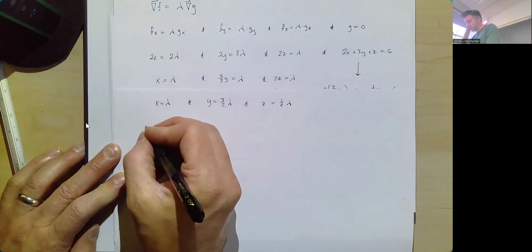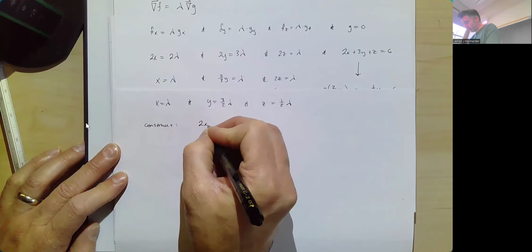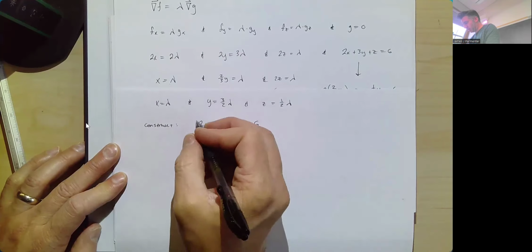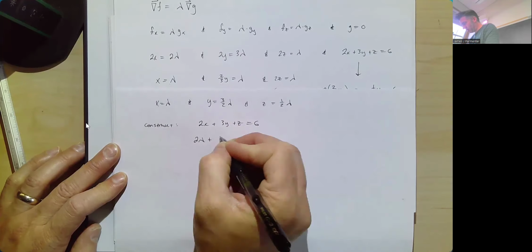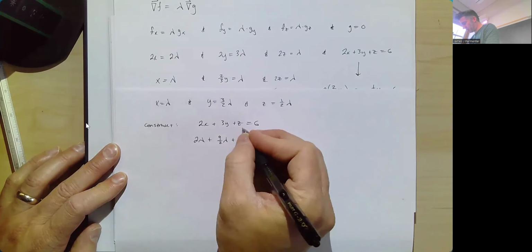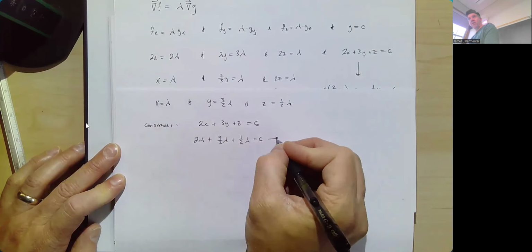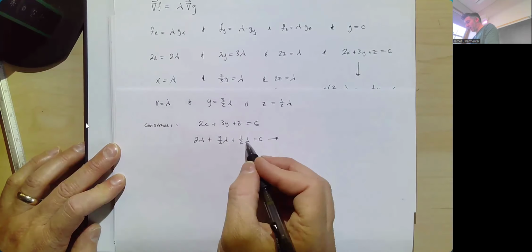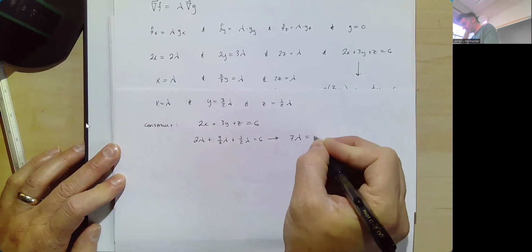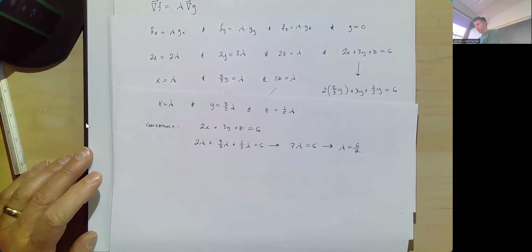So then the constraint, which was 2x plus 3y plus z equal to 6, then becomes 2 lambda plus 3 times 3/2 lambda, which is 9/2 lambda, plus 1/2 lambda equal to 6. Hopefully this works. 9/2 plus 1/2 is 5. 5 plus 2 is 7. So 7 lambda equals 6. So lambda equals 6/7, which is what we got over here.